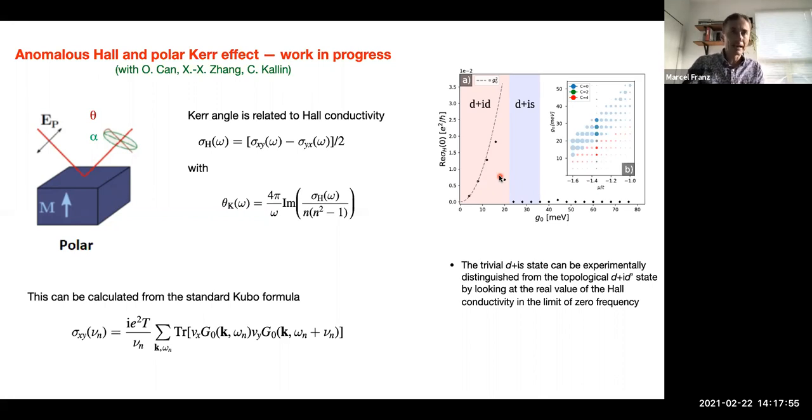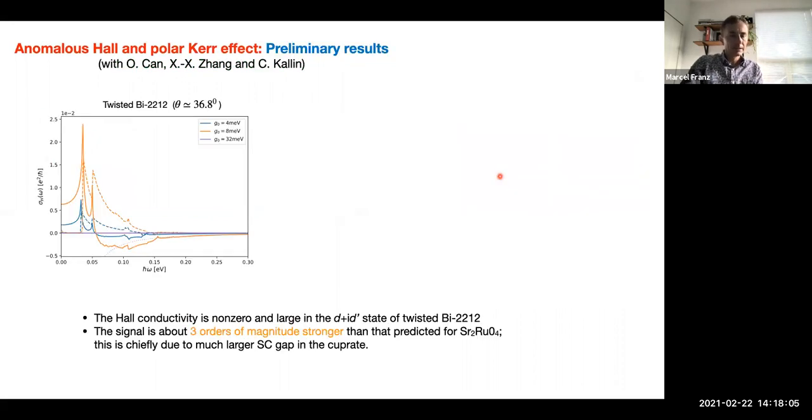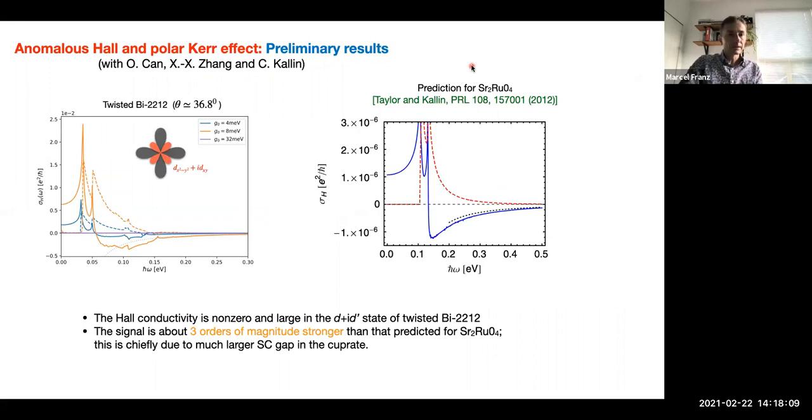For instance, the gap is about 2 orders of magnitude larger, and that translates to larger responses. So we are optimistic that this can be seen. So here's a comparison of our calculation for this anomalous Hall conductivity compared to the prediction for strontium ruthenate.